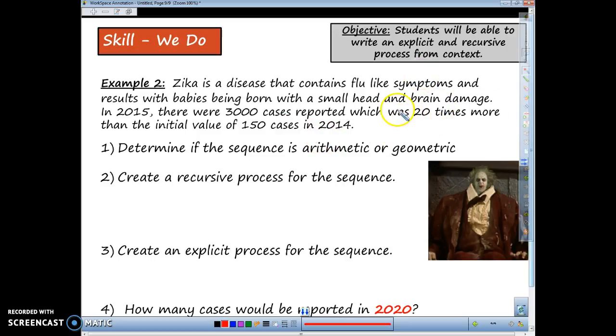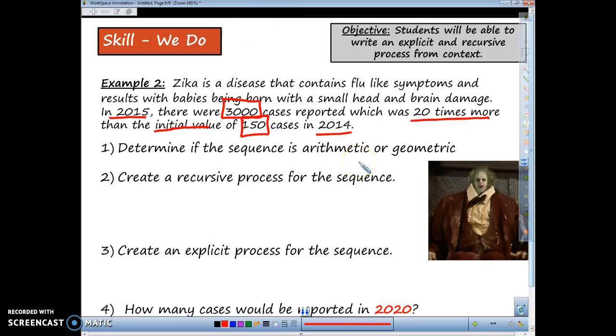When reading problems, it's a very good idea to box key information.